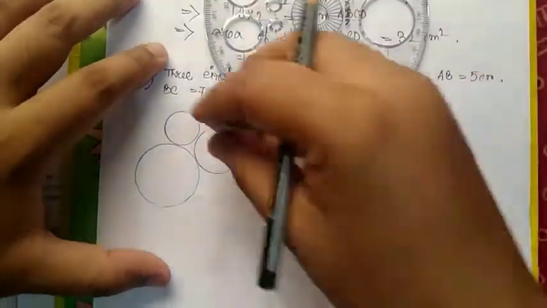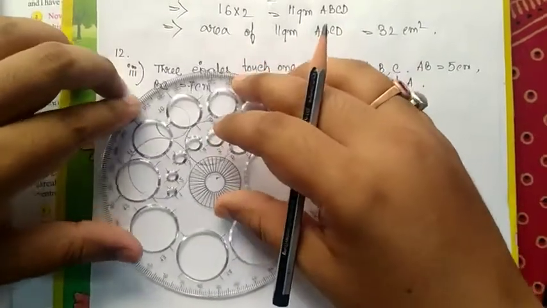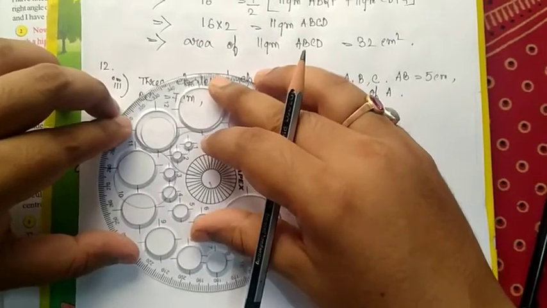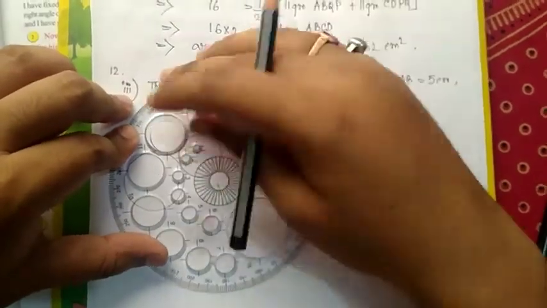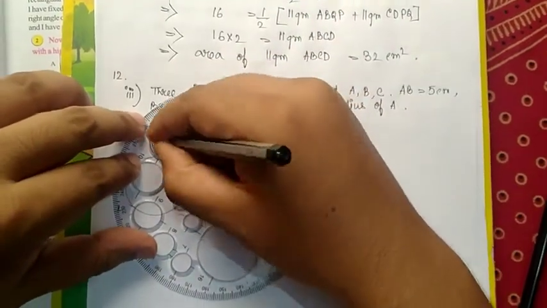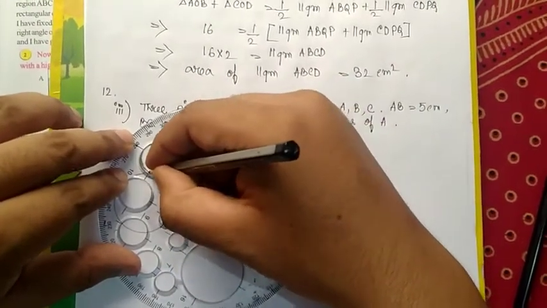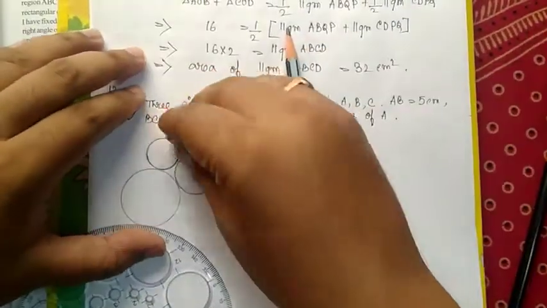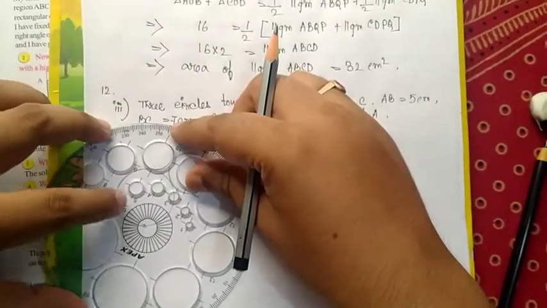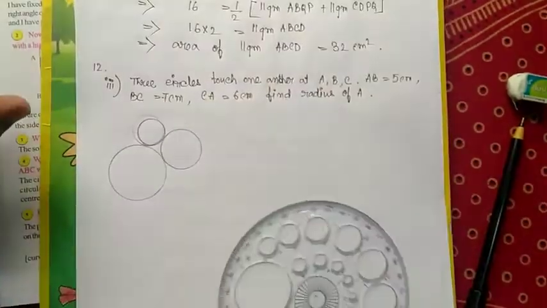So this is the diagram. It should touch both the circles, so therefore, one minute, all of you. So this should be the diagram.